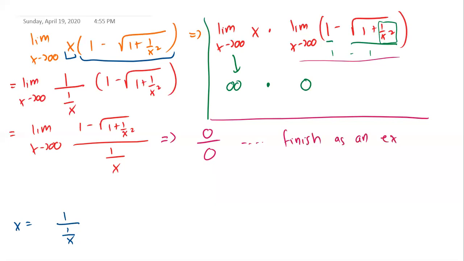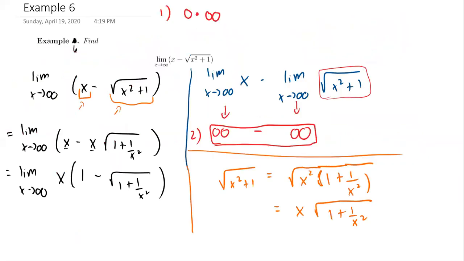So to recap, whenever you have something of the form infinity minus infinity, what you're going to do is, in general, look at the simplest term, because you're going to have something minus something. Look at the simplest one and factor that out of both terms. As you see, it might sometimes require a little bit of work to do that.